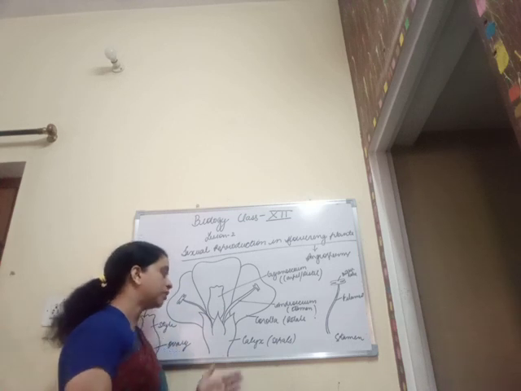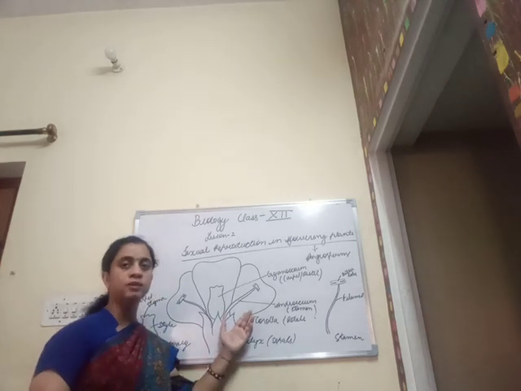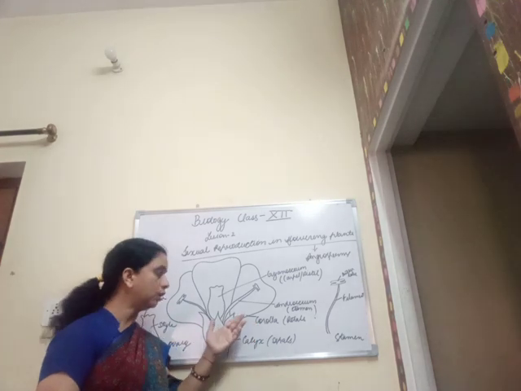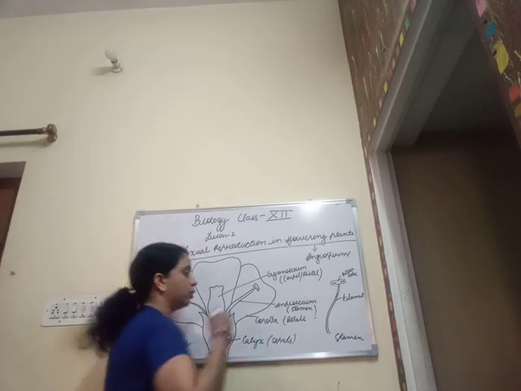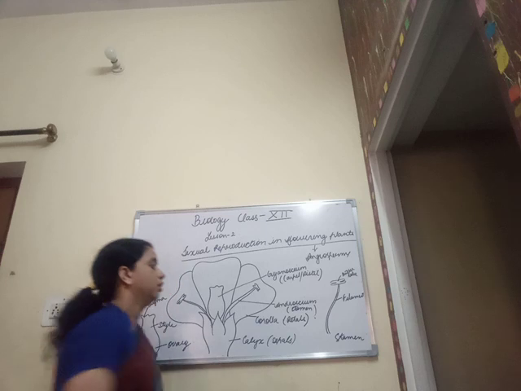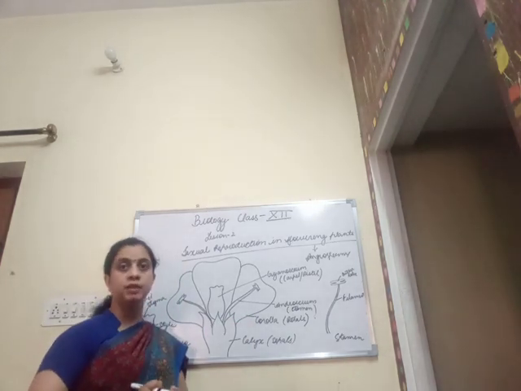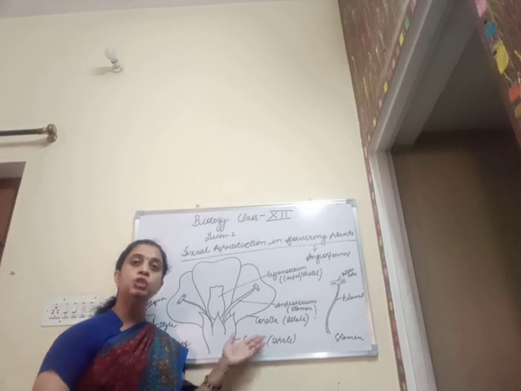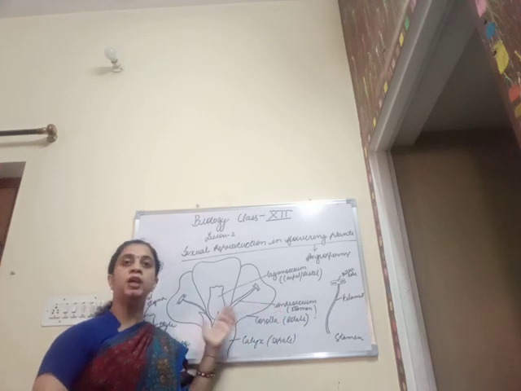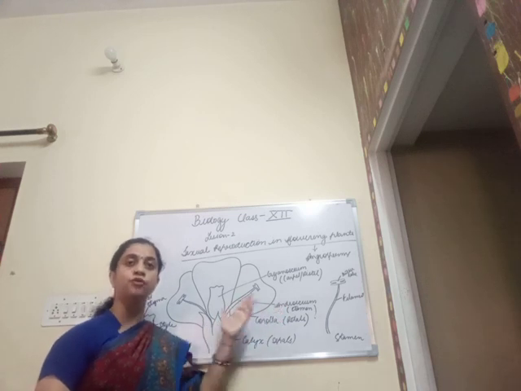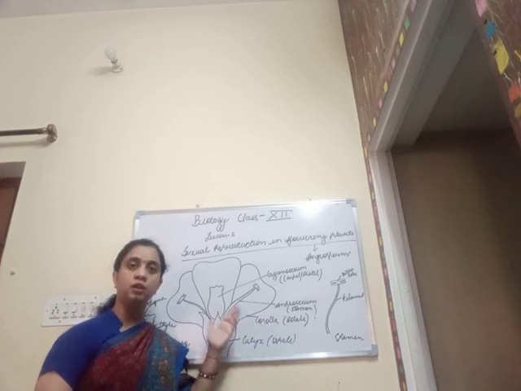Now coming to the second whorl of the flower, it is known as corolla. The individual members of the corolla are known as petals. The number of petals may range from few to infinity. They may have varied shape, size and forms. They may vary in their coloration also.